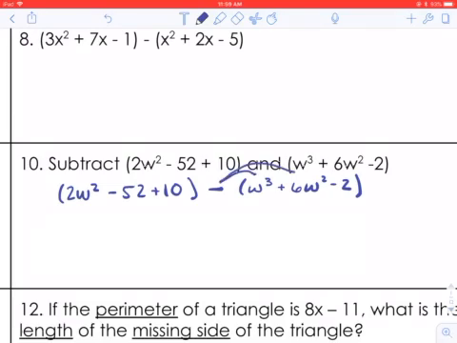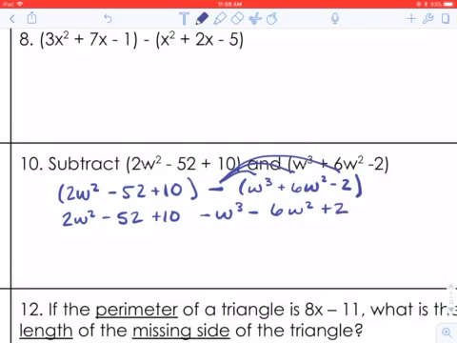So we're going to distribute out that negative and then combine like terms. So I end up with 2w squared minus 52 plus 10 minus w cubed. Whoops. See, I messed up. Got to be very careful with those negatives. So I've got negative 6w squared, and a negative times a negative gives me a positive 2.